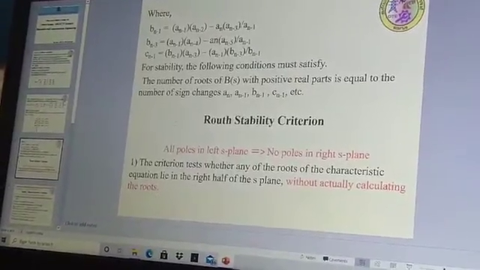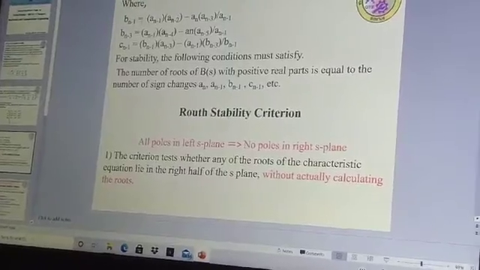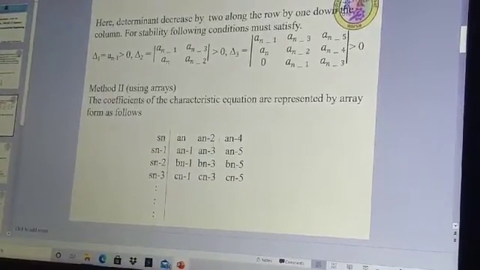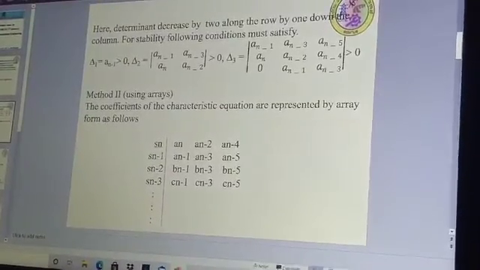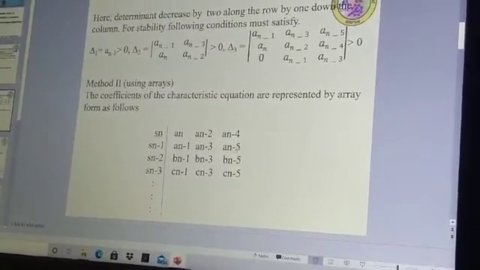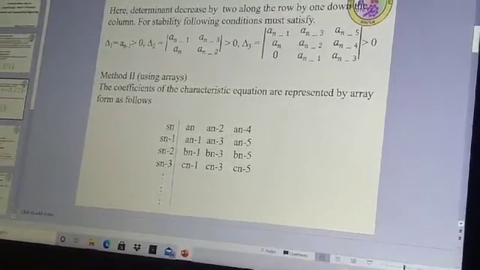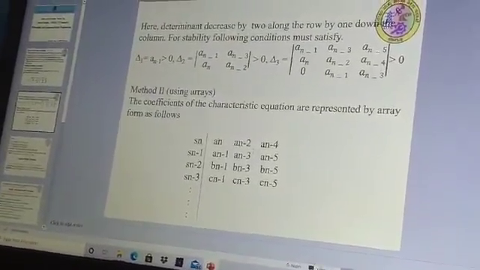Now, here an, an minus 2, an minus 4, an minus 1, an minus 3, an minus 5 are placed from the coefficients given in the polynomial equation.